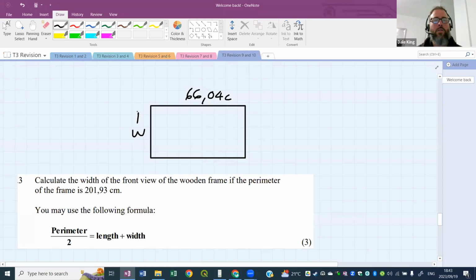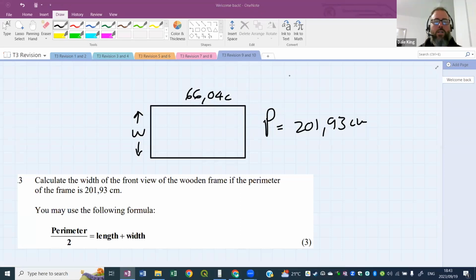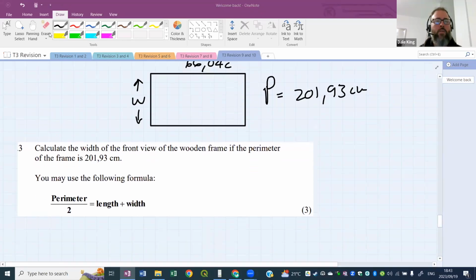If the perimeter is 201,93 centimeters, what is the width? They say use the following formula there. Awesome. So we're just going to sub into this formula and see what we can do with it.